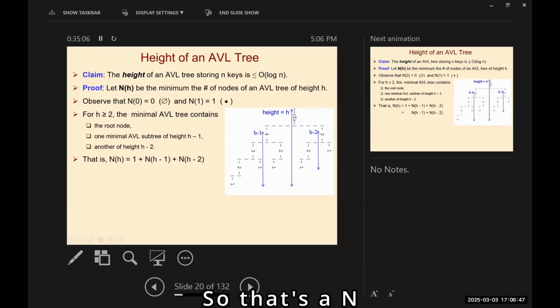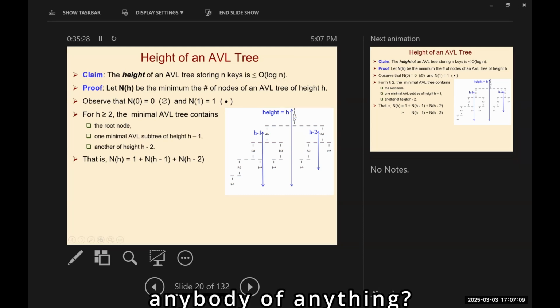So that's n of h minus 1, the number of nodes you need in a height of 4. And this is the number of nodes you need in a height 3. So we got the minimal number of nodes here, plus the root, right? Does that make sense? And so you get this recurrence relation.